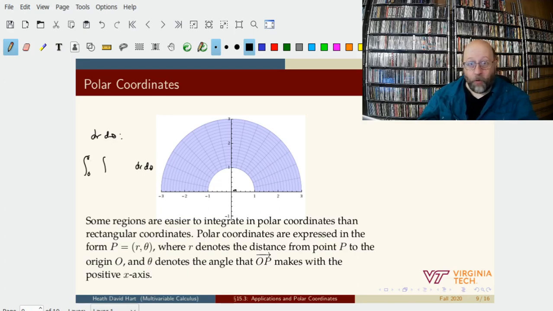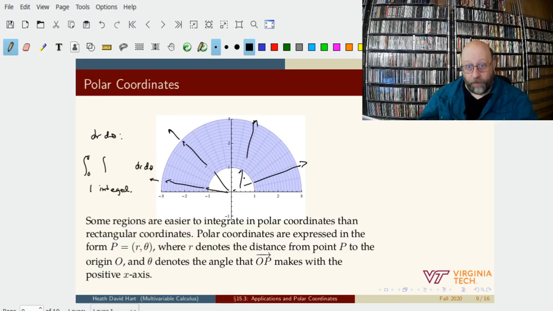And if we travel in the direction of the radius, no matter which angle we're at, we always enter along the small circle and we always leave along the big circle. And this is something we can do with one integral.